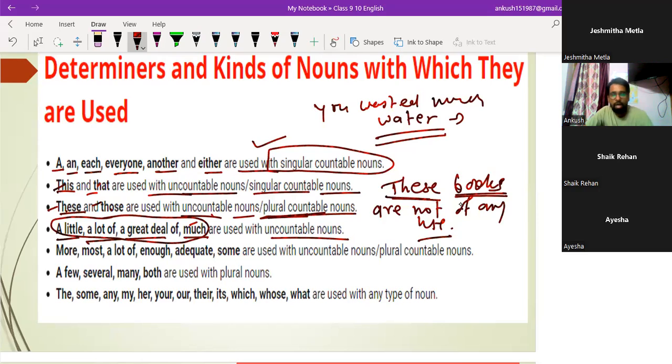How do we measure water? In liters, milliliters. Those are the volume, the capacity. We measure volume of water.